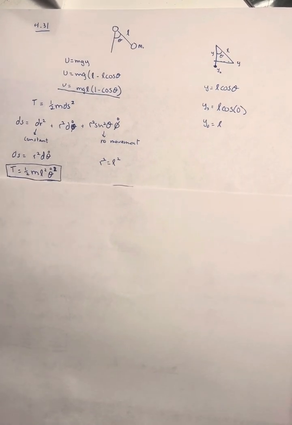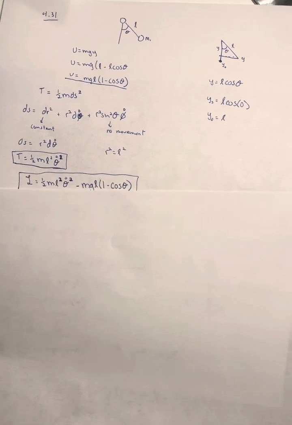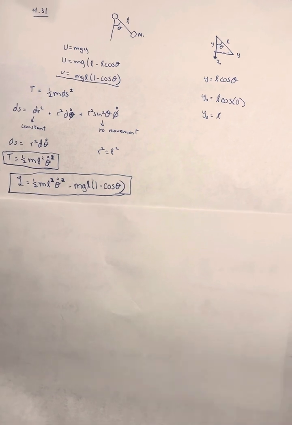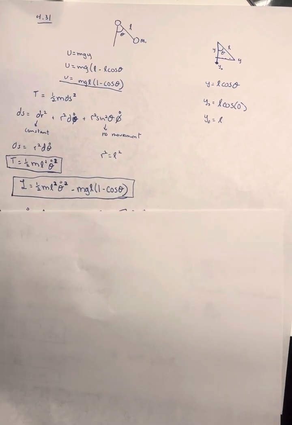So the kinetic energy turns into 1/2 mL squared theta dot squared, and the Lagrangian turns into 1/2 mL squared theta dot squared minus mgL of 1 minus cosine theta.